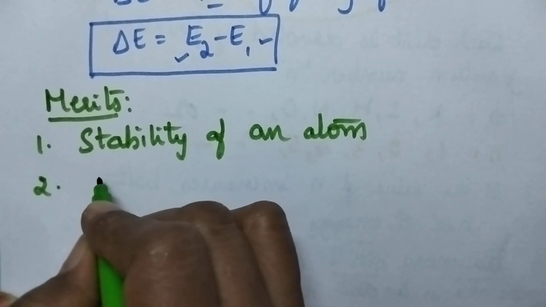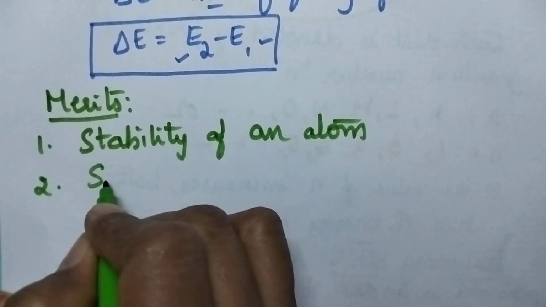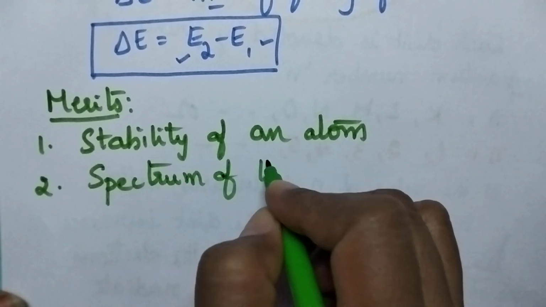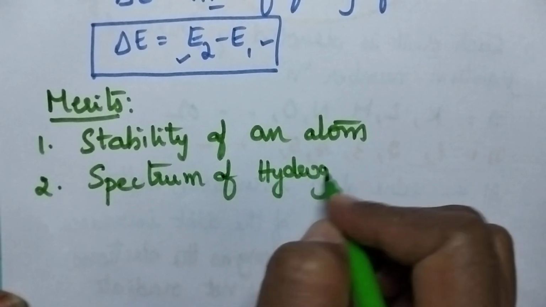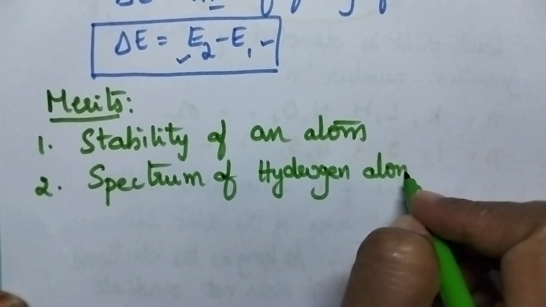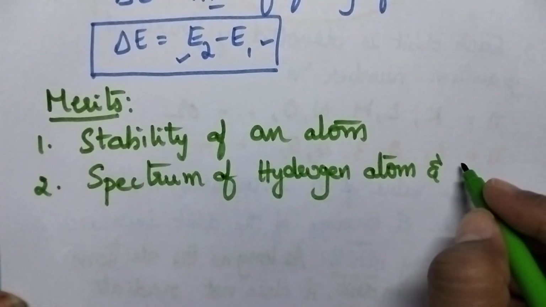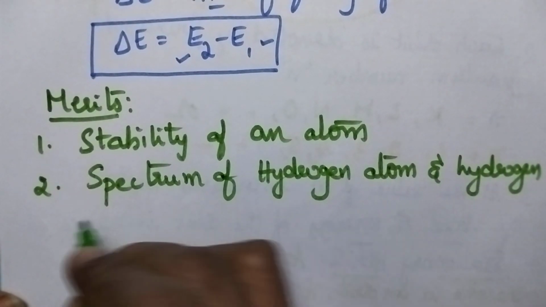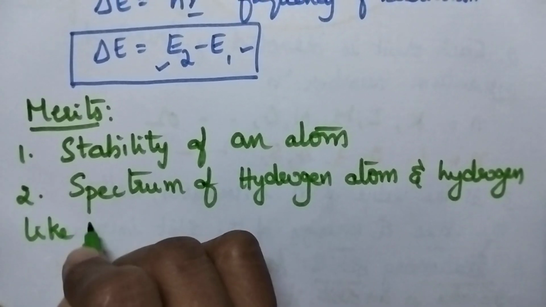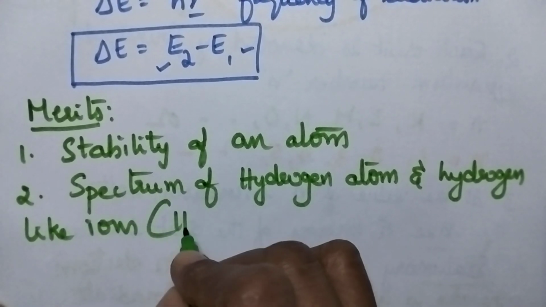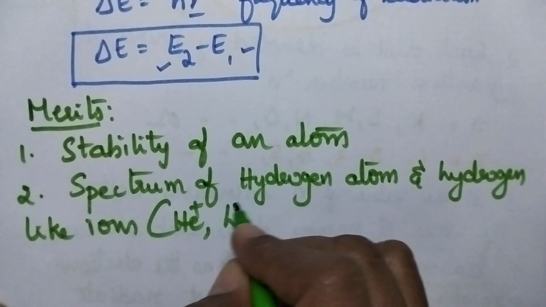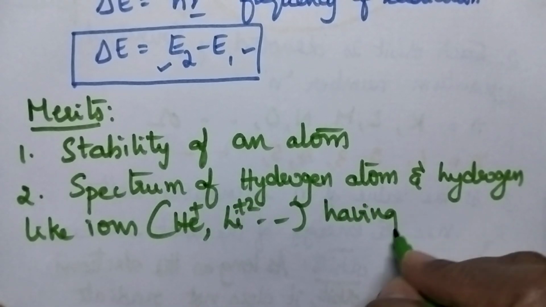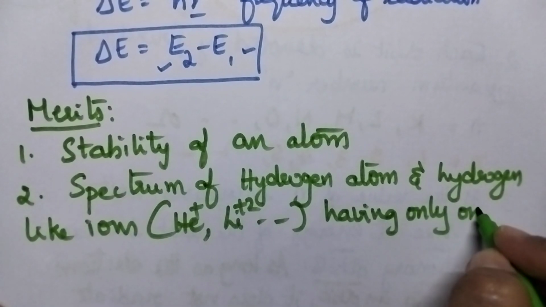It beautifully explains the spectrum of hydrogen atom and hydrogen-like ions, especially He plus and Li 2 plus ions having only one electron.